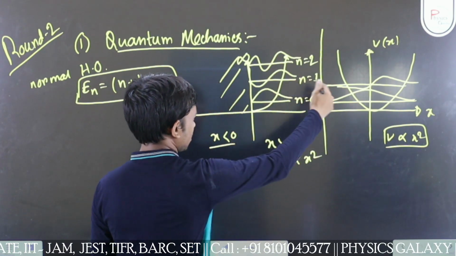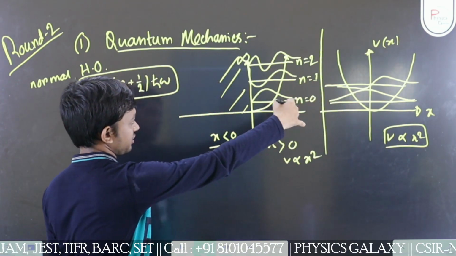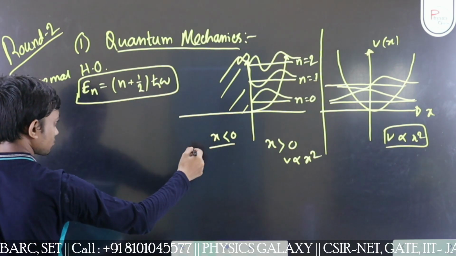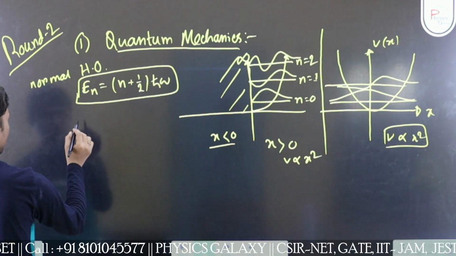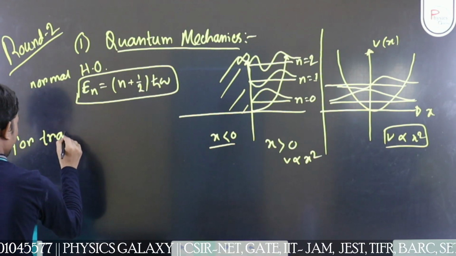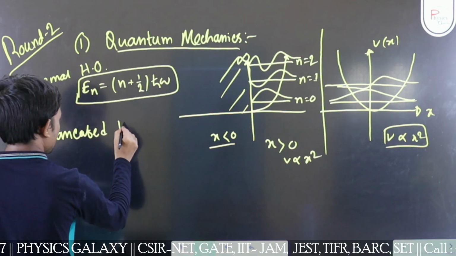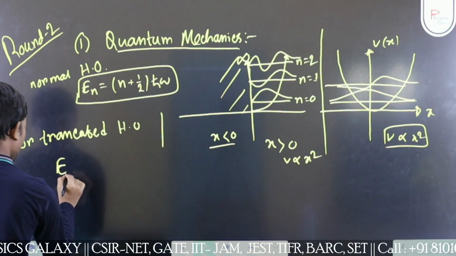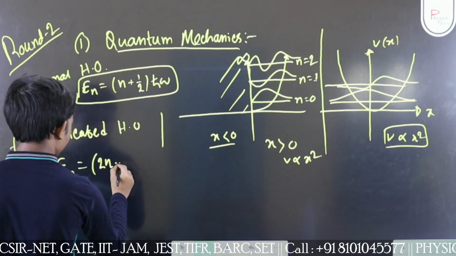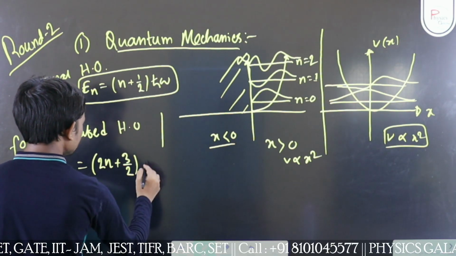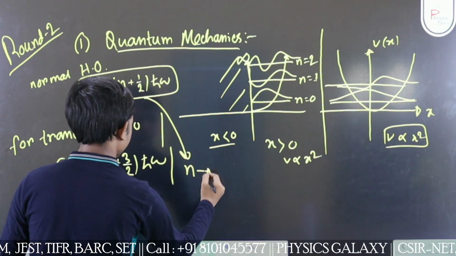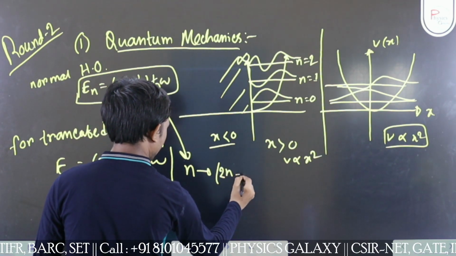Like this, the middle wave functions are missing here, and we can say that for the truncated harmonic oscillator we substitute n as 2n plus 1.